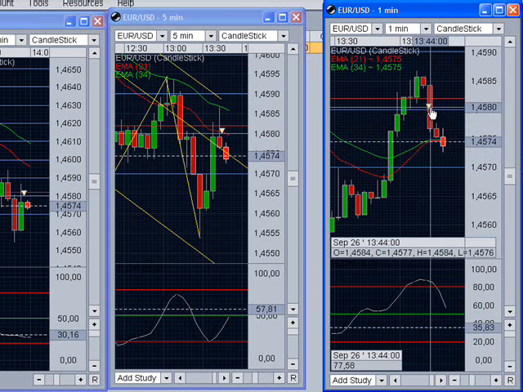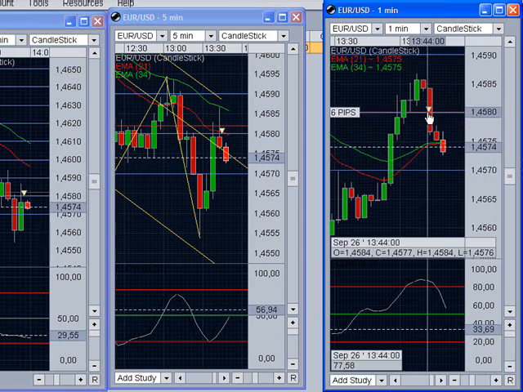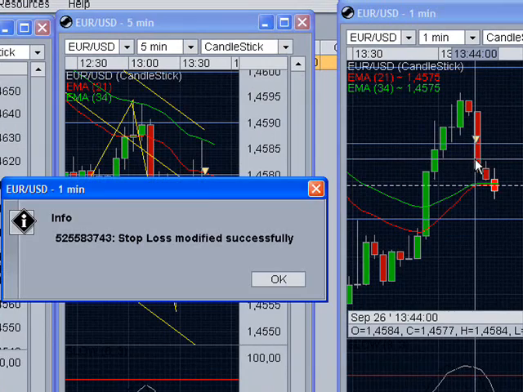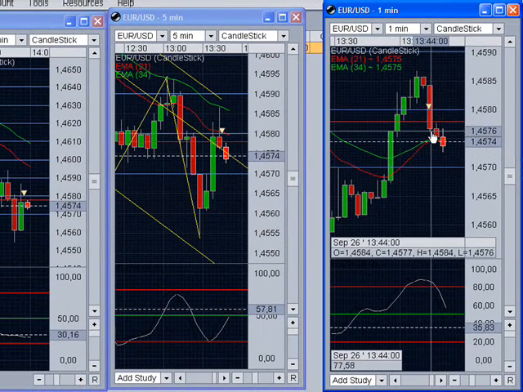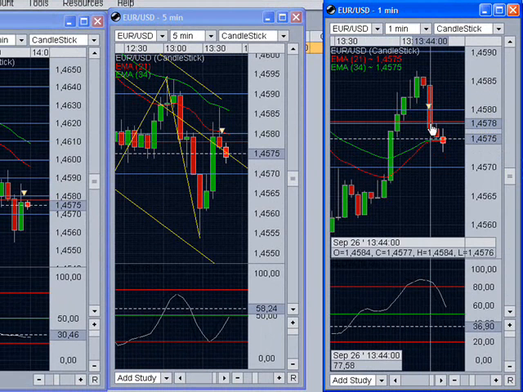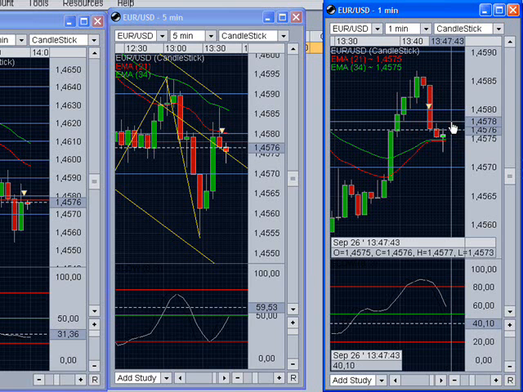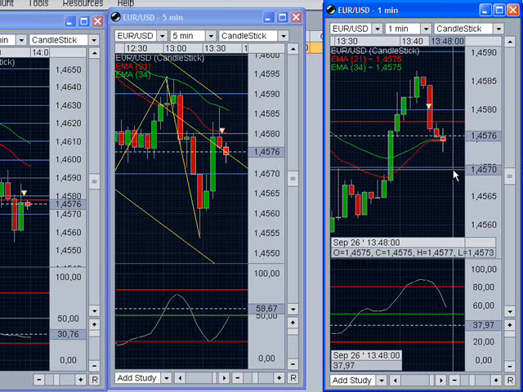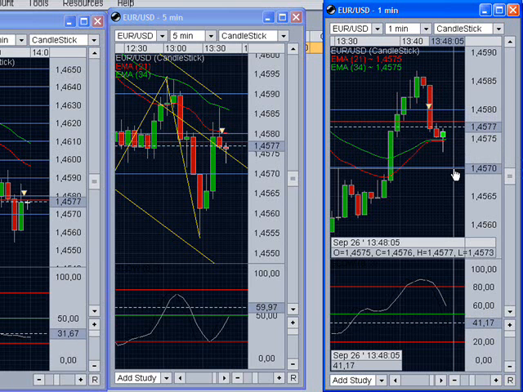Now I can move my stop loss here. So I already closed half of my position with a profit. In case the price goes up and hits my stop loss, I will still have a profit, and if it continues to 45.70, then I will make an even bigger profit.